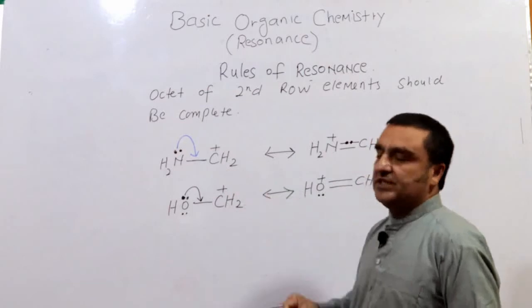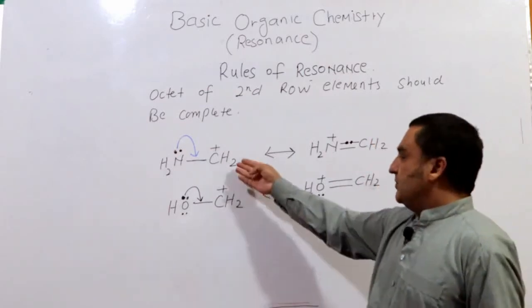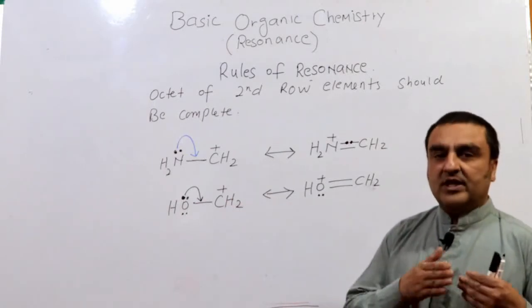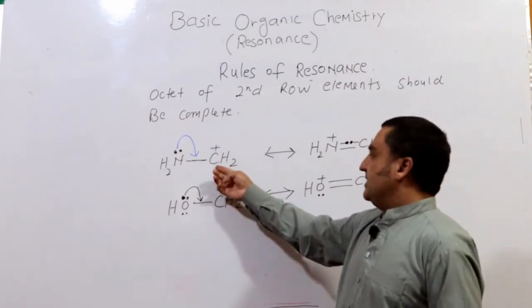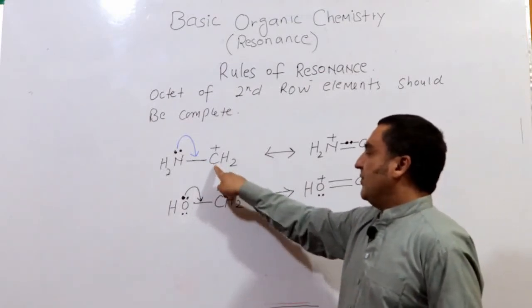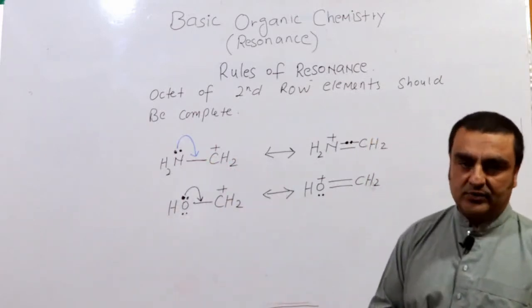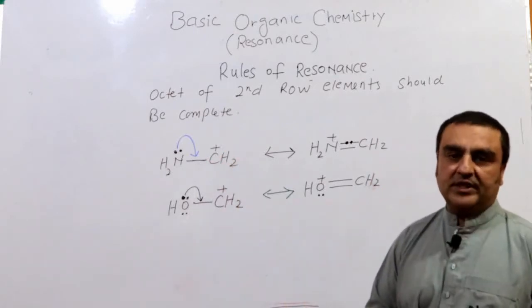Here as you see, both these carbons are electron deficient, or their octet is not completed. This carbon forms three bonds, one with the nitrogen and two with the hydrogen, so it has 6 electrons surrounding it.